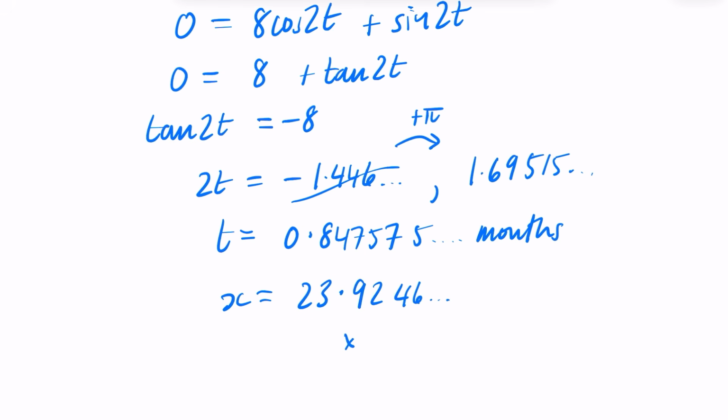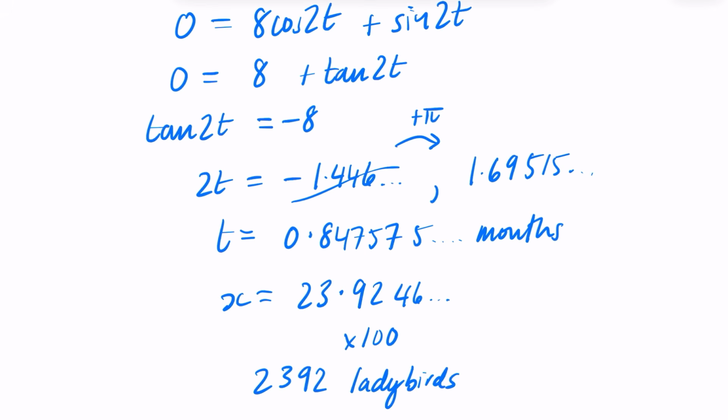Remember, this is in hundreds, so we need to multiply it by 100 to get the population of the ladybirds. And yes, I'm doing that on my calculator. This is 2,392 ladybirds, and we'll do that to the nearest ladybird for this.